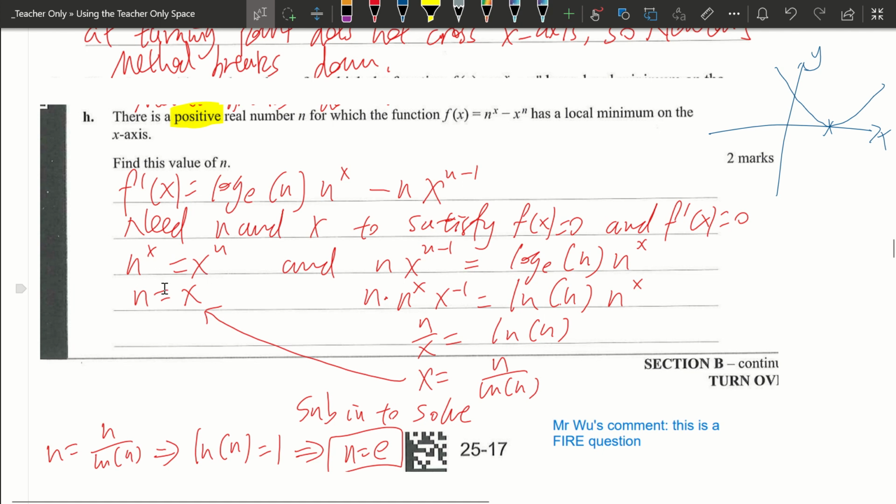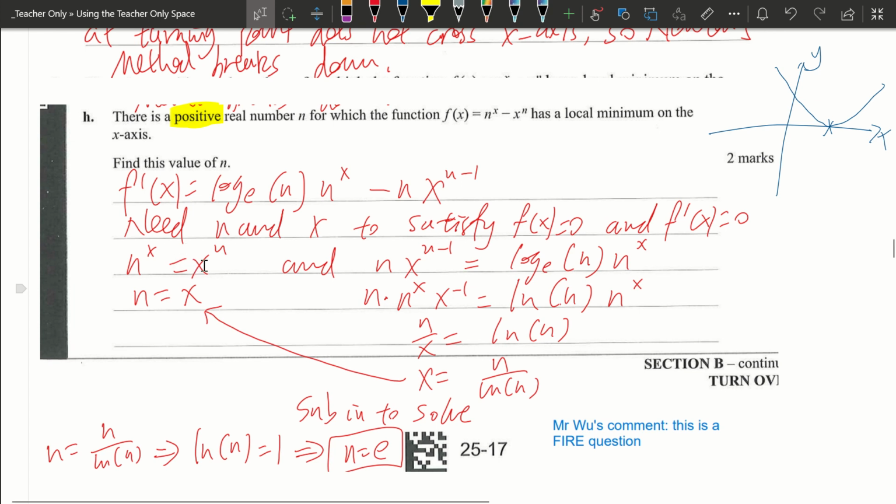And then I stared at this for a very long time. N to the power of x equals x to the power of n. The relationship between them is just the switching between n and x, right? So n is the base, x is the exponent, and over here it's a simple switch of the places.